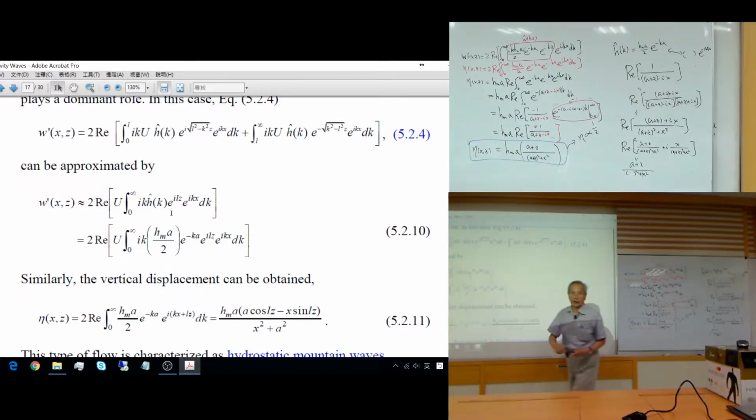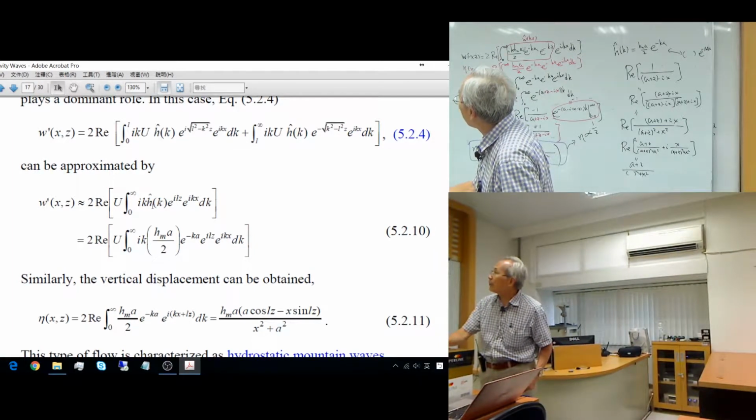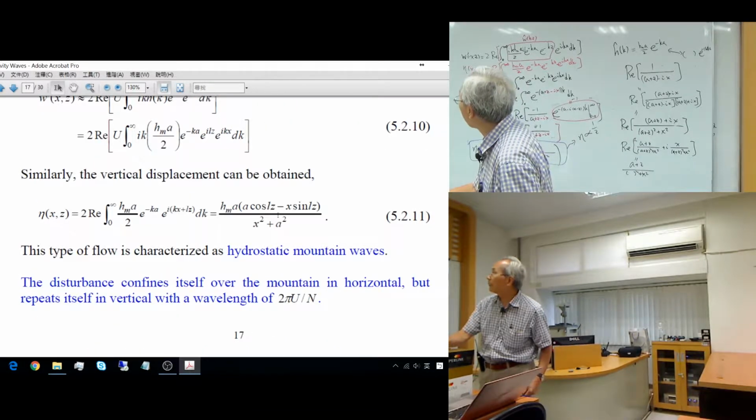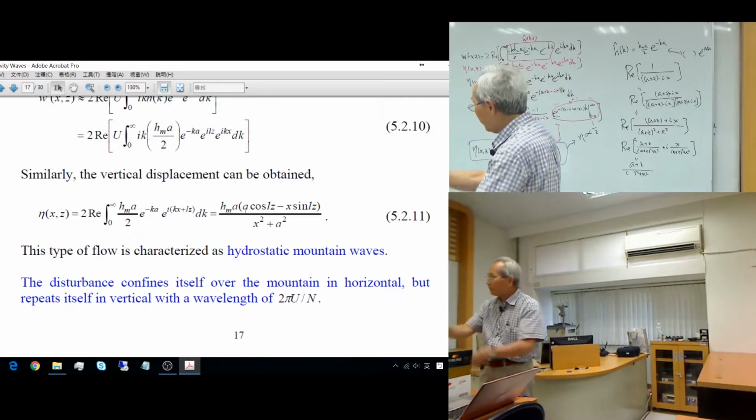After substituting H hat, we get Hm times A divided by 2 e to the minus Ka, keep this one, and combine these two together, e to the I times Kx plus Lg. Okay, this one can be solved also, and becomes like this. So now we have X and G in a closed term here.